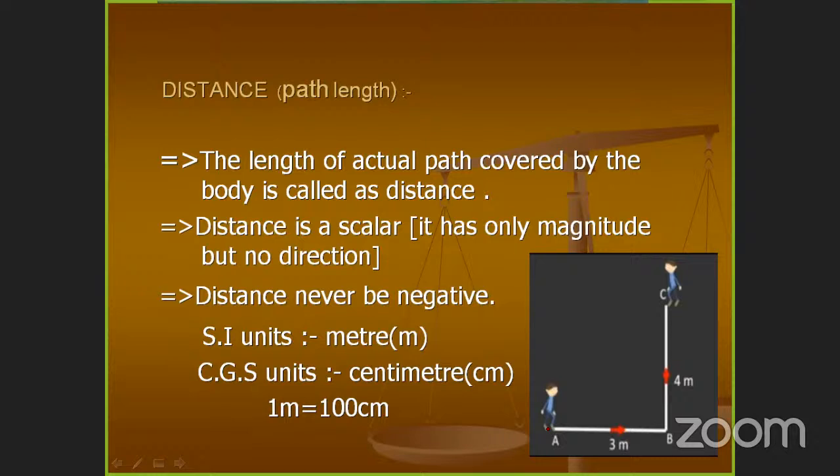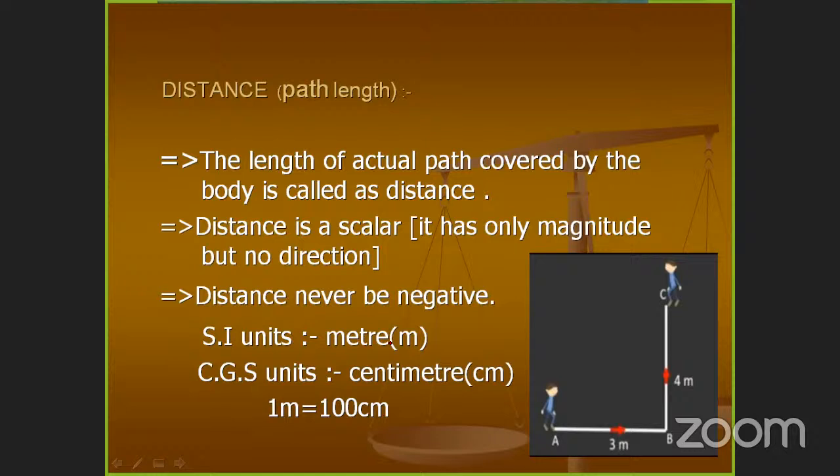So it doesn't have one particular direction. It has only magnitude, and that magnitude is 7 meters. Distance is never negative. It is always positive.